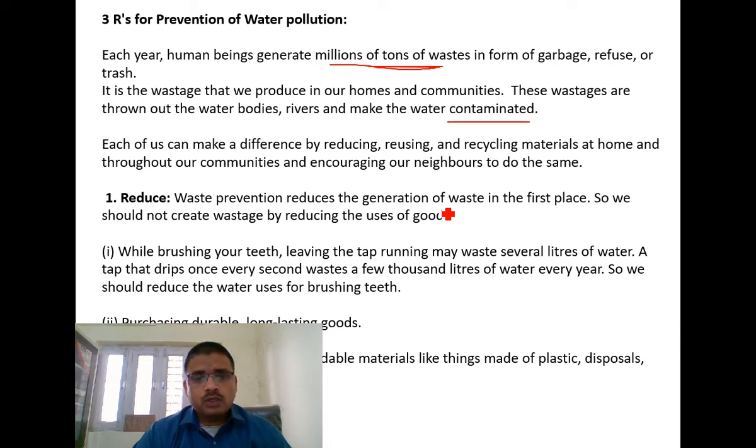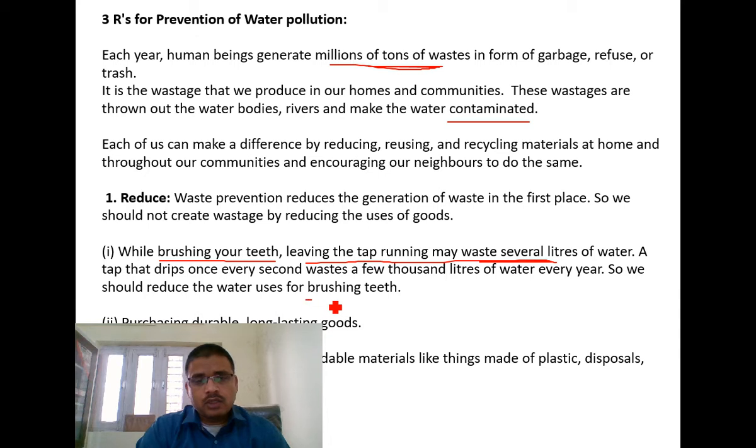We have to take care of the utility while using material, so that material should not be wasted. Second, while brushing our teeth, the tap running may waste several liters of water. During that time, the tap water should be closed.